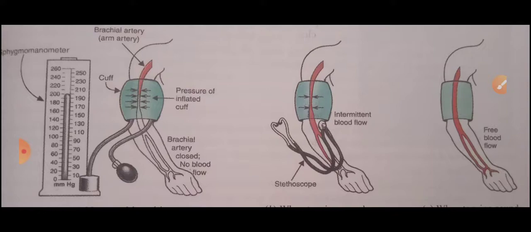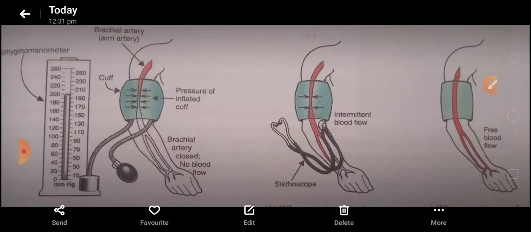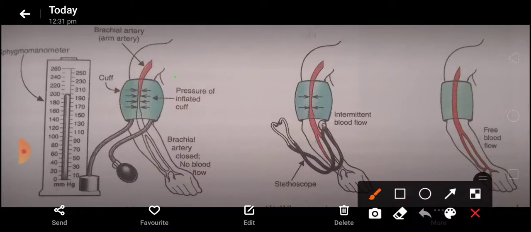So we can say the blood pressure of a person is expressed in terms of millimeters of mercury, which is written as mm Hg.